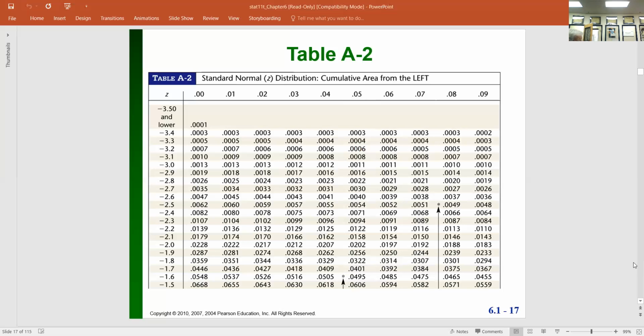And sigma versus S is population versus sample standard deviation. All right? So we can do all sorts of problems like this. But what questions do you have?